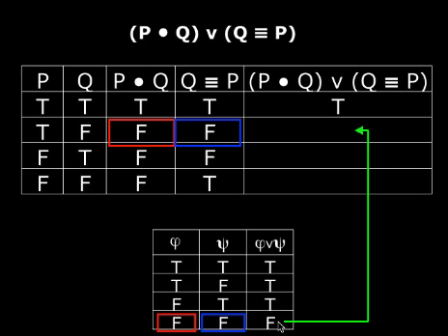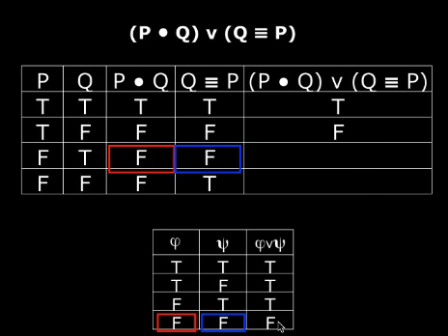So I'm going to put an F there in that column, row 2 of the truth column. Let's move on to row 3. In row 3, both disjuncts are false. First and second are false. Well, that's down here at the bottom again. And according to the table, the output is going to be another false. Boom.